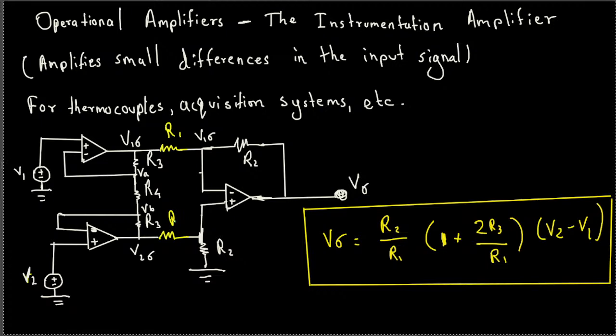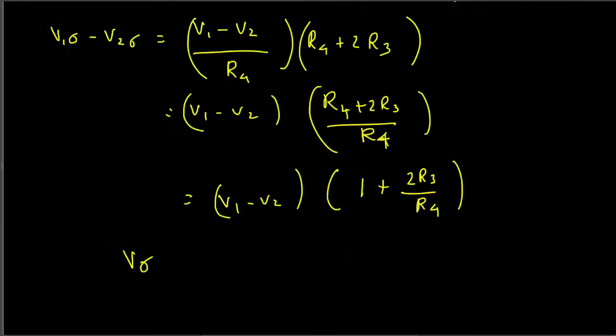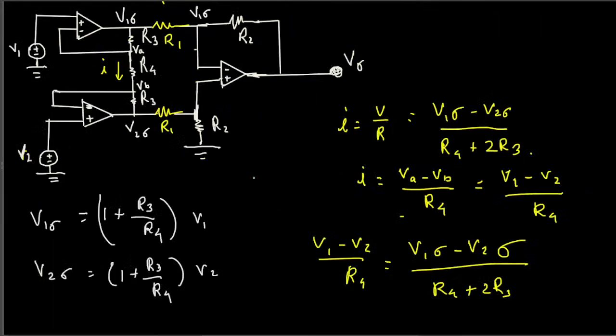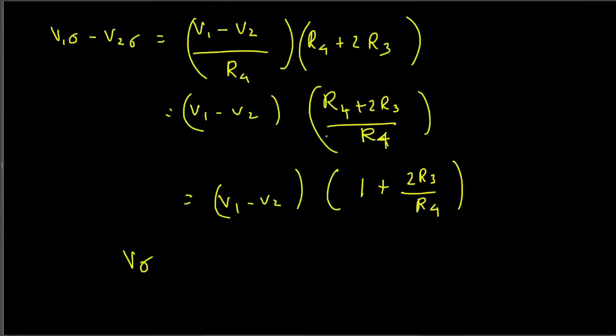Okay, so this is like feedback resistance over input resistance. Feedback resistance R2 for both of them, and then input resistance R1. So the equation we are going to have is R2 over R1 times the voltage difference, that is V2 output minus V1 output.